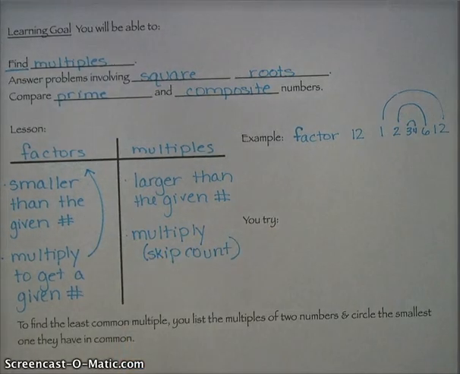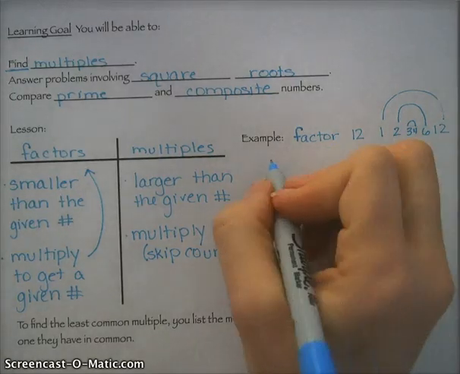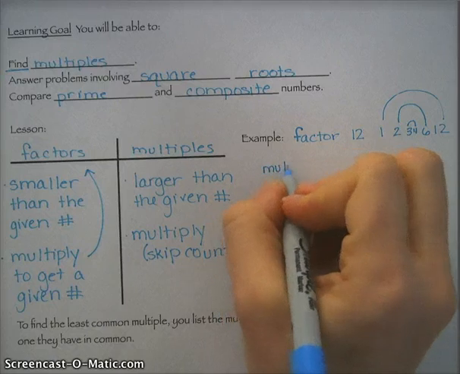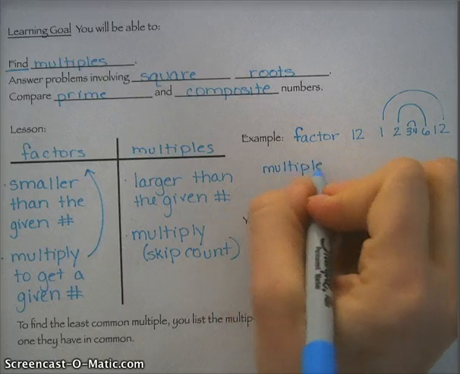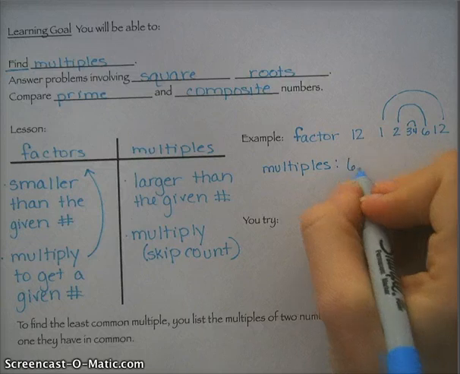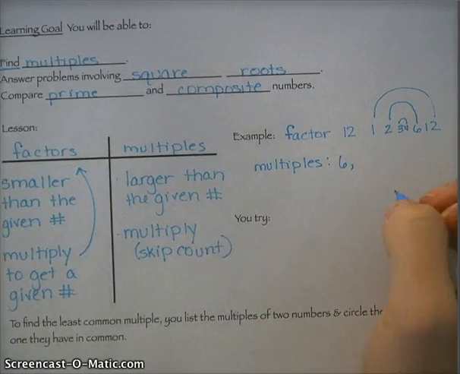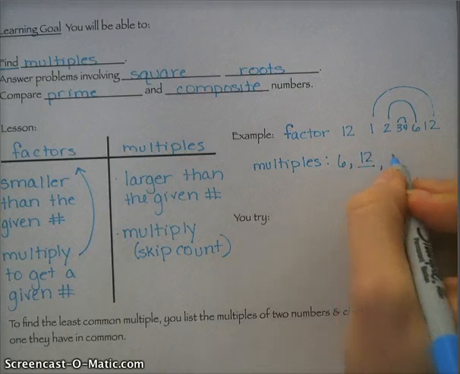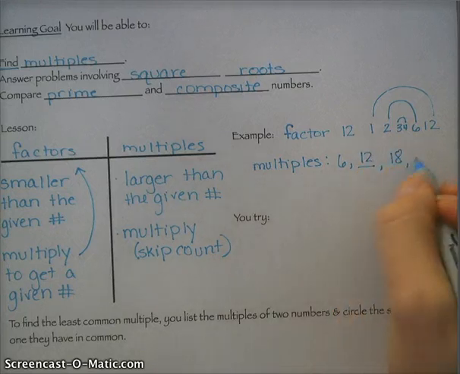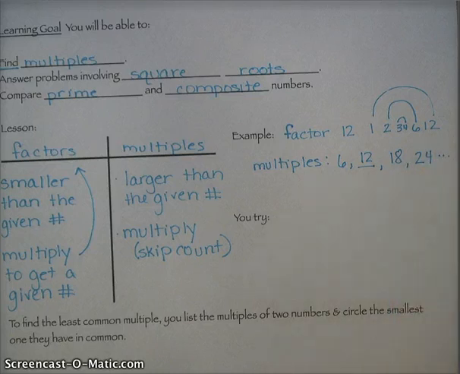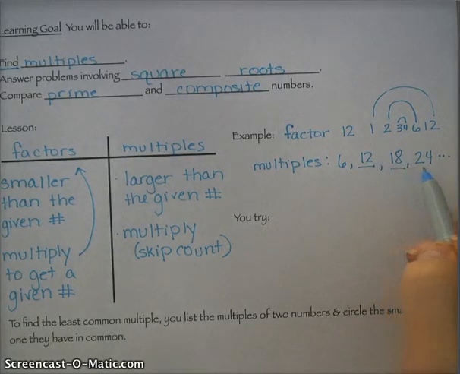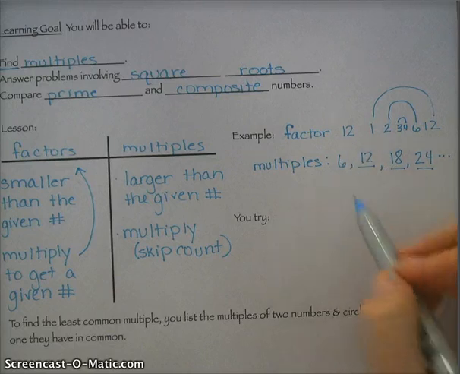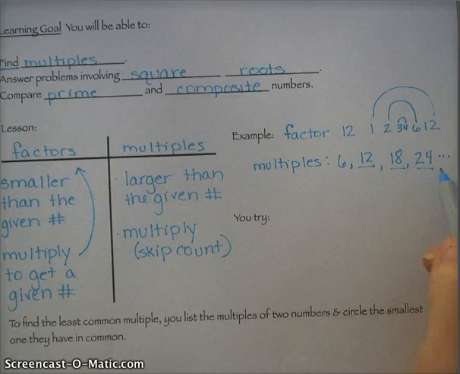So our example here, let's do 6 as an easy one. Multiples of 6 would be anything you multiply 6 by. So 6 times 1 is 6, times 2 is 12, 18, 24, and so on. So these are all considered multiples of 6 because you multiply 6 by something to get to them.